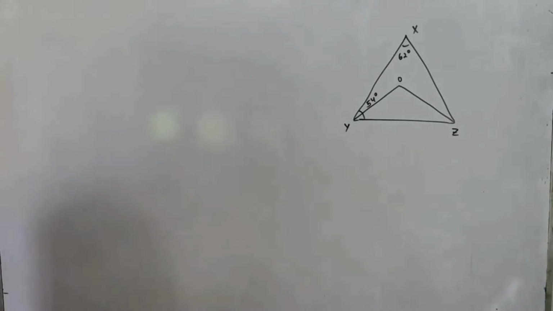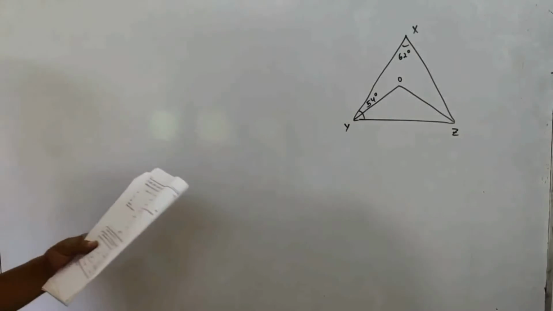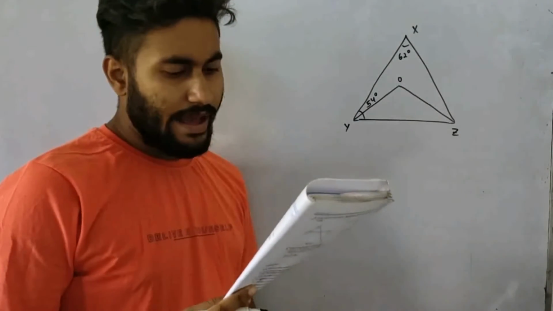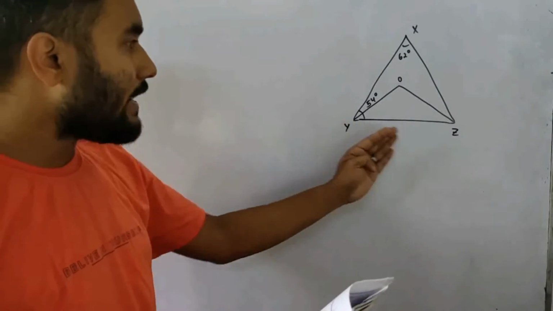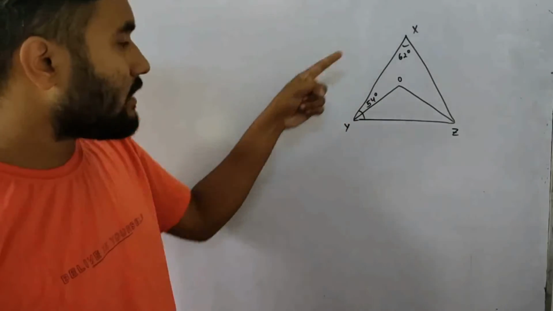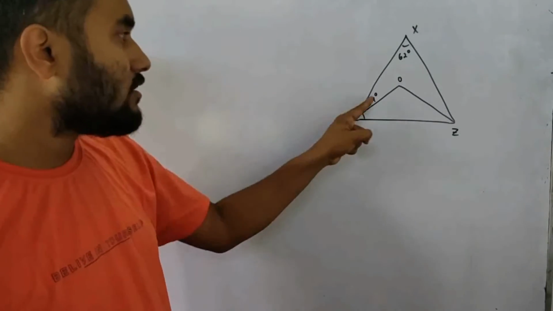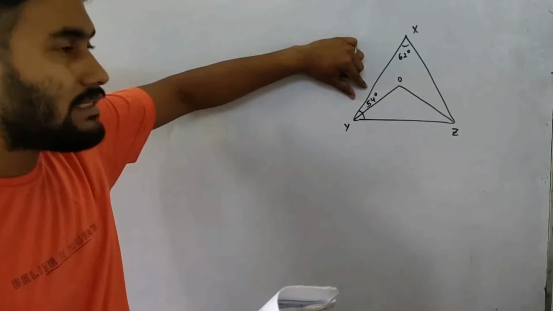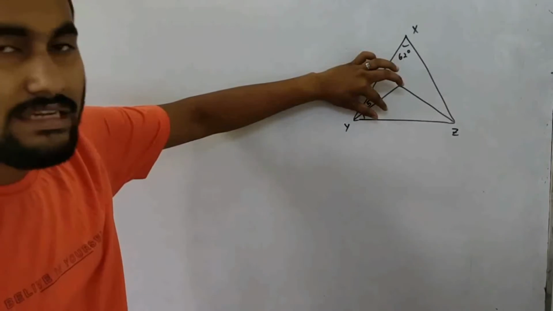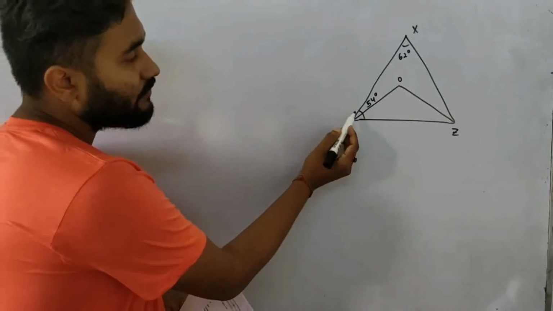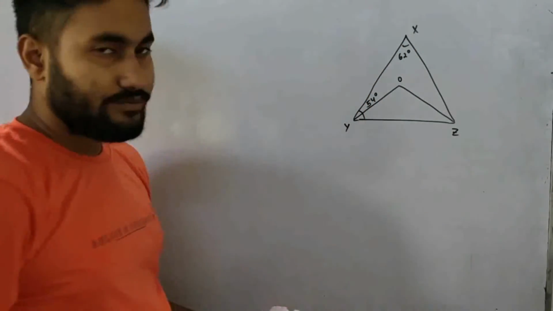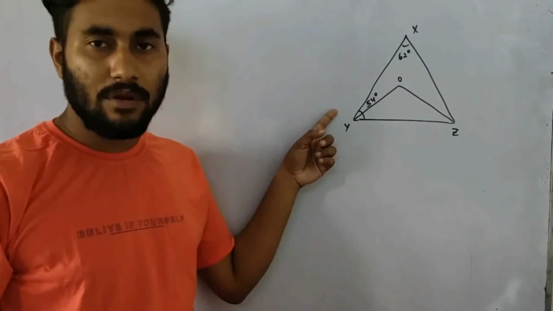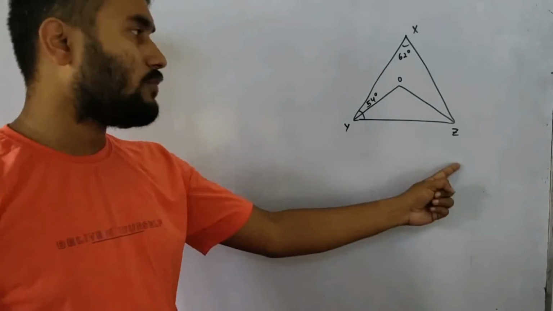Read the question and write the given part. In the figure, angle X is equal to 62 degrees. Angle XYZ, this complete angle, X, Y and Z, is 54 degrees. Not this part. It is written in the upper portion, you can write in the down portion also, it doesn't matter. But see the marking, it is the complete angle XYZ. So don't get confused that 54 degrees is the upper portion; 54 degrees is the complete angle XYZ.